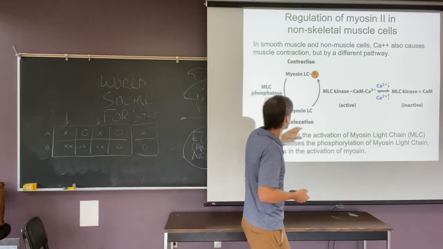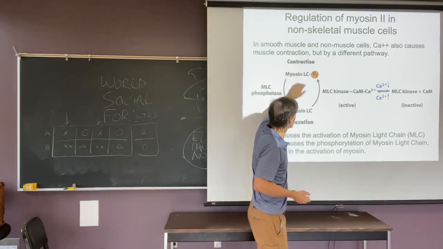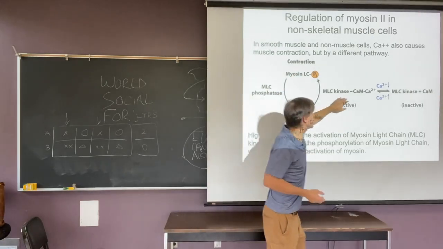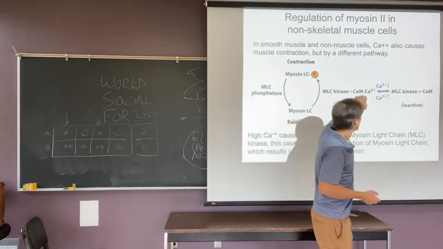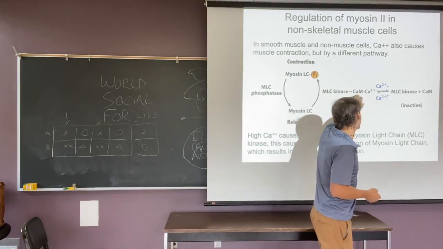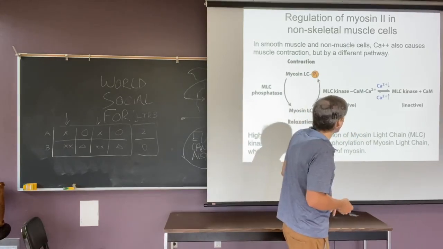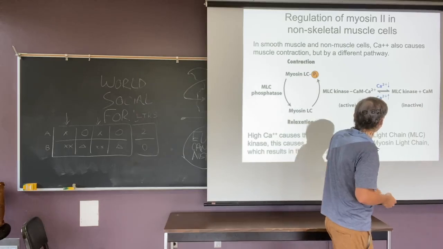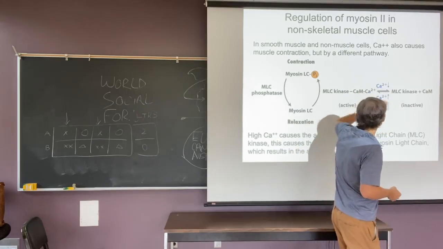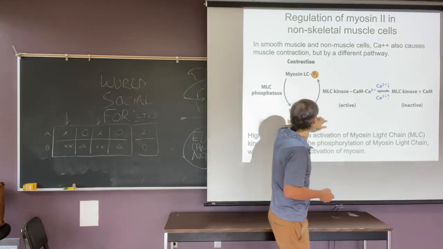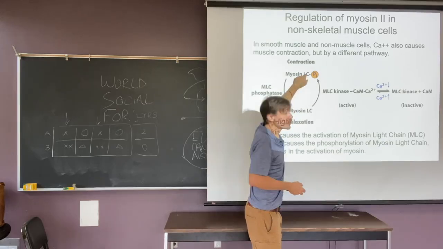So you can sort of see here, we've got our myosin light chain here. We've got a myosin light chain kinase. We've got our calmodulin. So what's happening here is calcium's coming in. It's causing activation of this kinase. The myosin light chain gets phosphorylated.